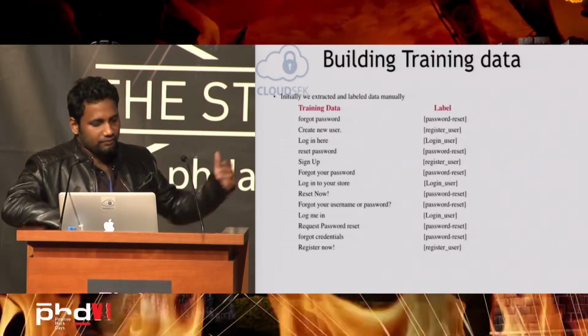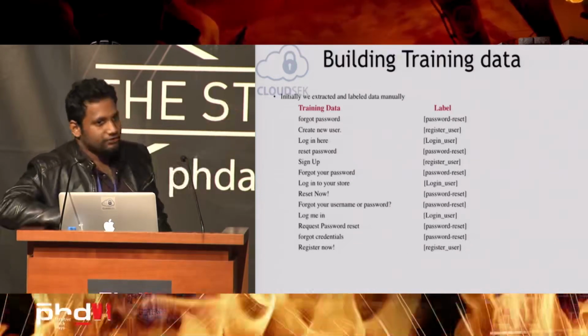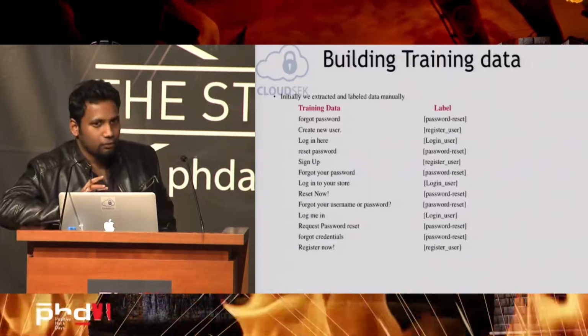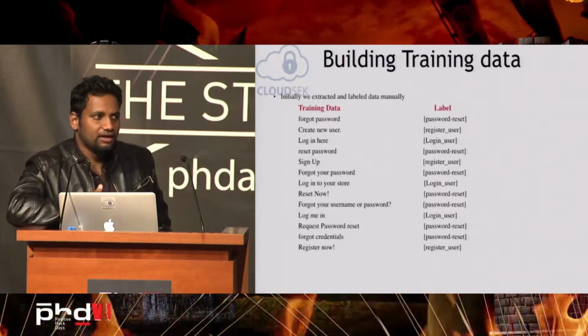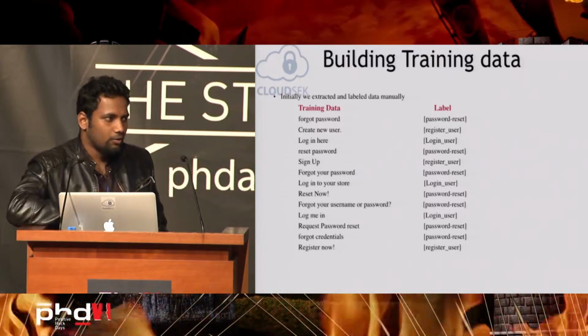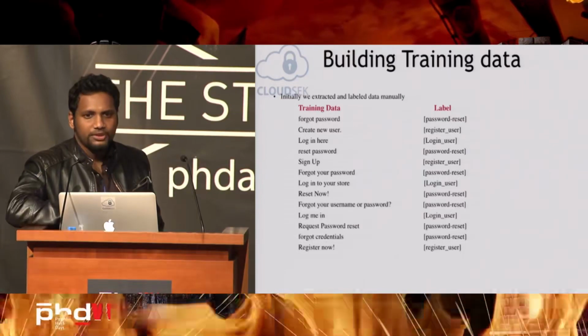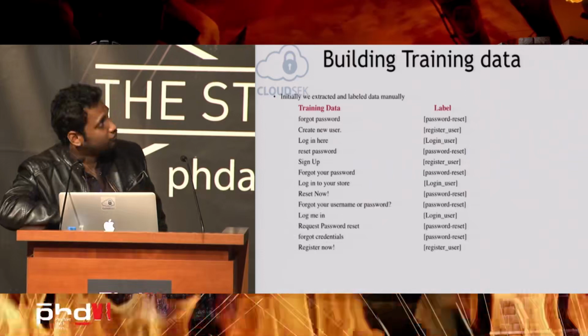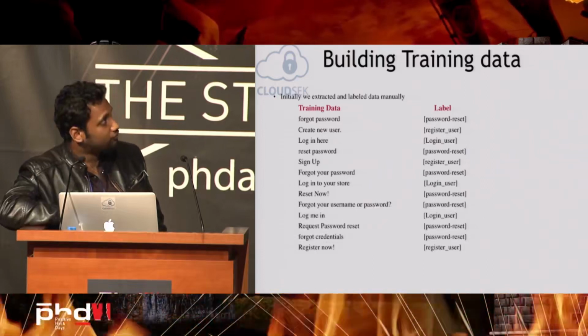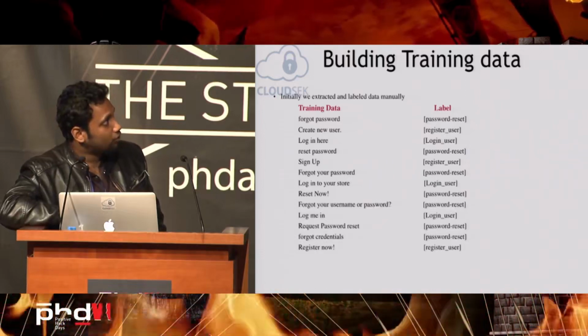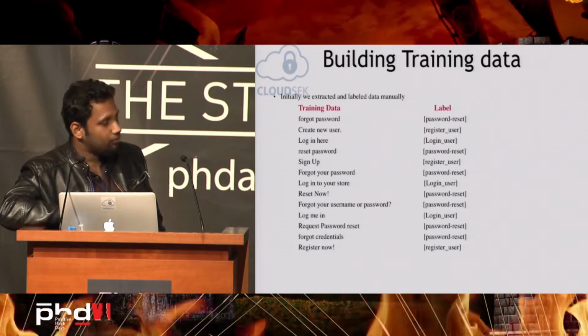So after all this pre-processing and classification, we were able to create a training data which looked like this. This is a portion of it. We created a training data which was almost 1 GB in size. Here you would see, forgot password would belong to password reset, create new user would belong to register user, login here would belong to something else.